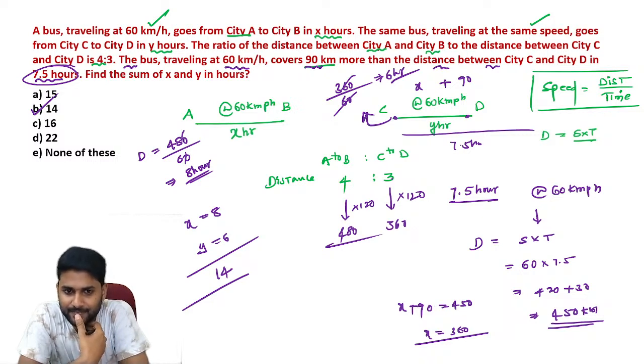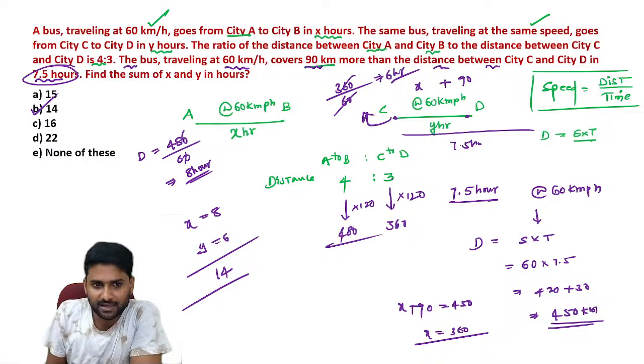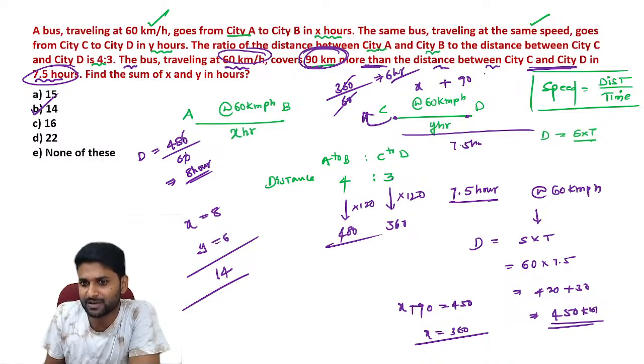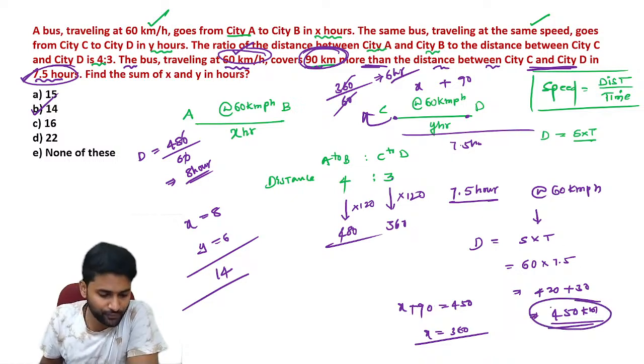So is it clear? This is a major one, guys. The bus traveling at 60 km per hour covers 90 km more than the distance between city C and D in 7.5 hours. It means in those 7.5 hours, it is running at a speed of 60 km per hour. So what is the total distance? This is 450.